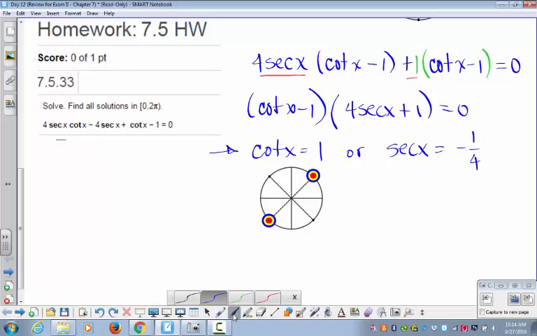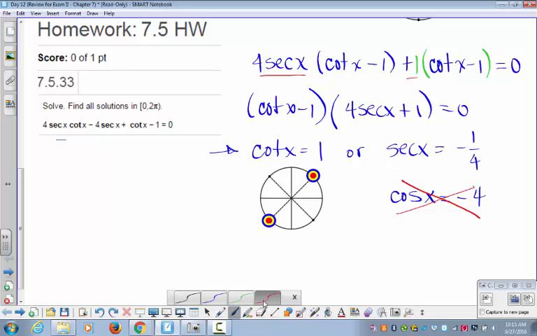If the answer is not jumping out at you, switch it to cosine. This means cosine of x is equal to the reciprocal of that, which is negative 4. And solutions for that? None. Cosine of x is always between negative 1 and 1. It's on the unit circle, so that definitely contributes no solutions.